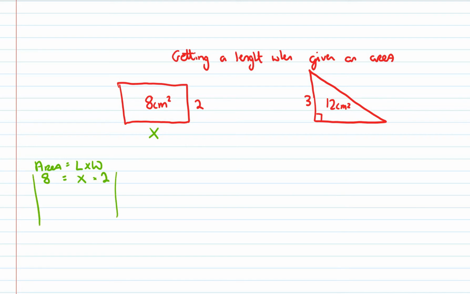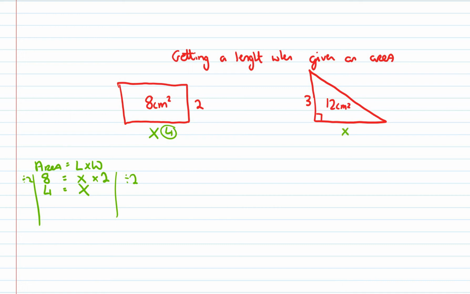Just using a bit of algebra now, I want to get x on its own, so I'll divide this side by 2, because the 2 is multiplying the x. So x multiplied by 2 divided by 2 is just x. And this side, divide that by 2, and we get 4. So x is 4.